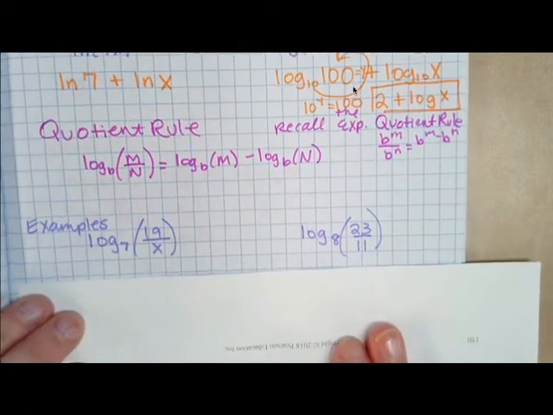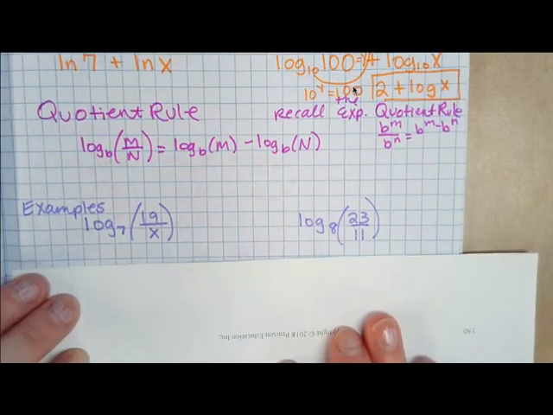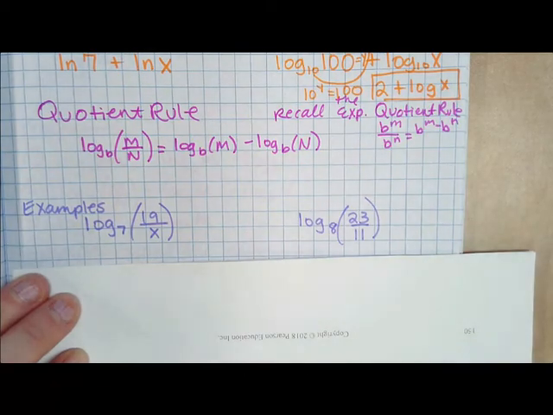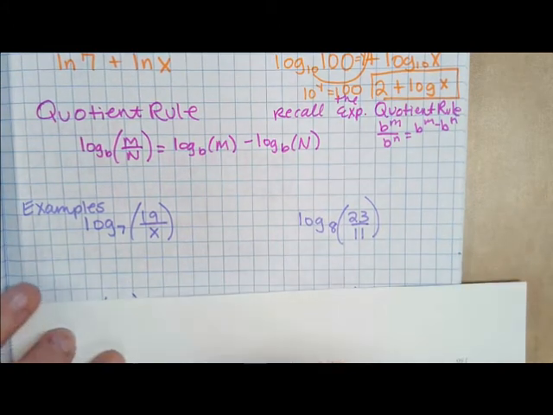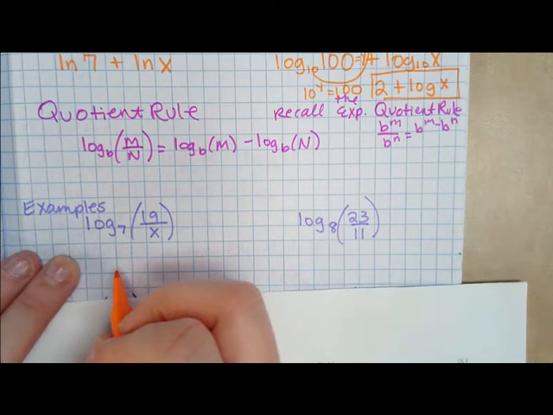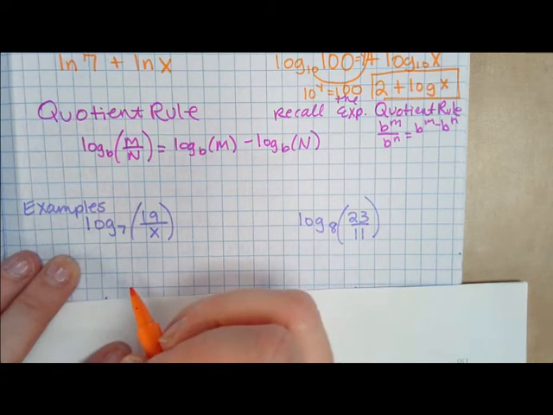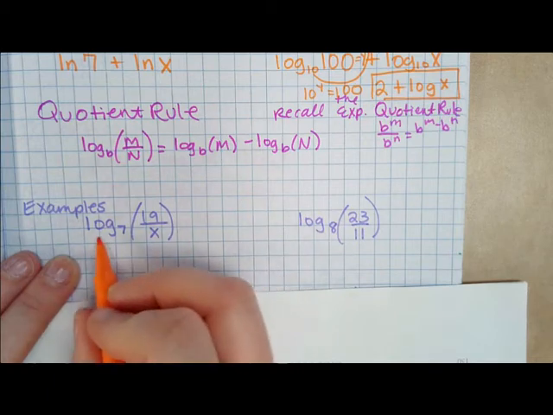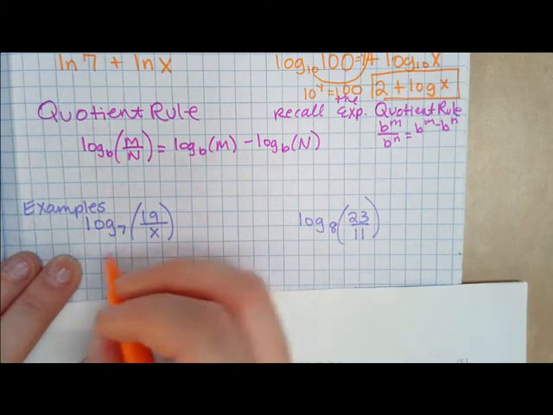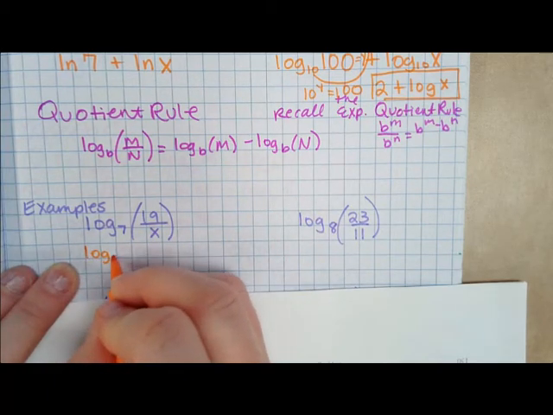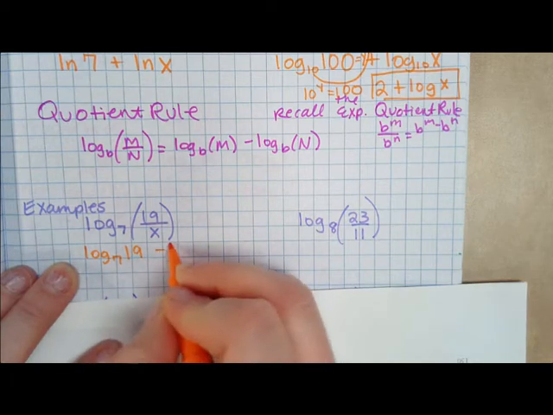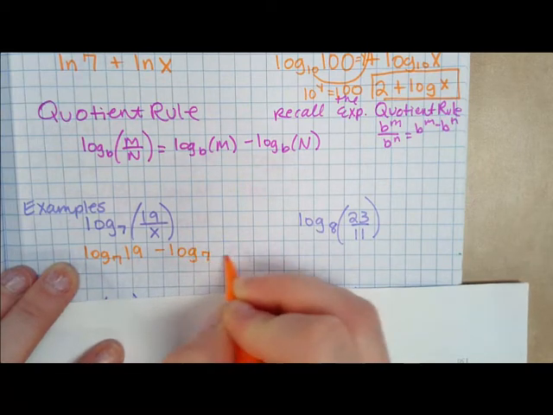So here are some examples. Log base 7 of 19 over x would be log base 7 of 19 minus log base 7 of x.